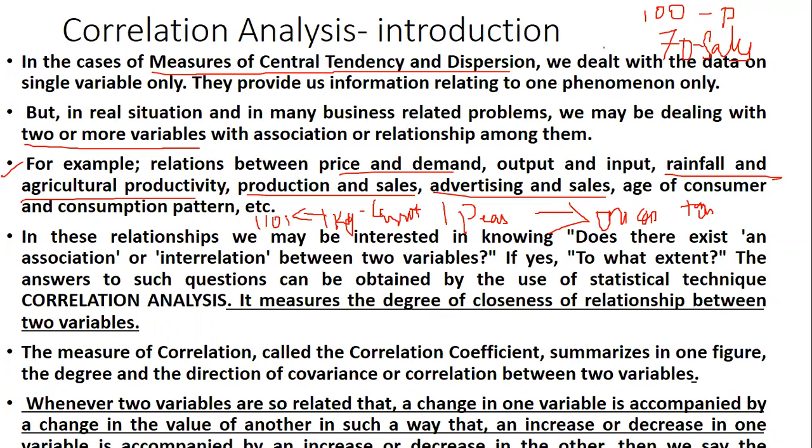Since the carrot price is high, people are not convinced to buy carrots that easily, which means the demand for carrot will come down. Why did the demand come down? Because the price went high. So the relationship between price and demand is, if price goes high, demand comes down.